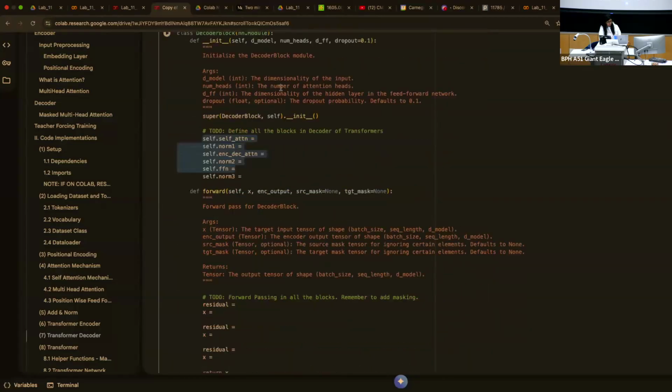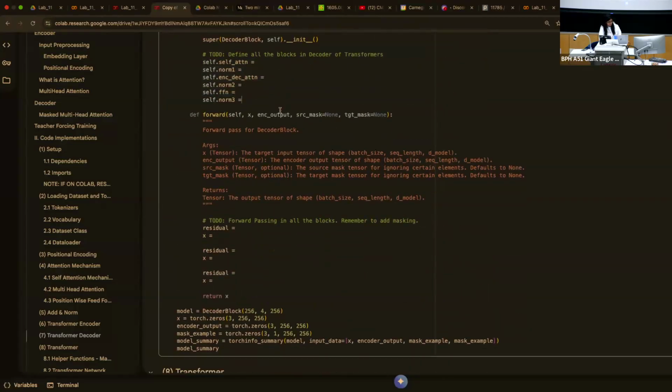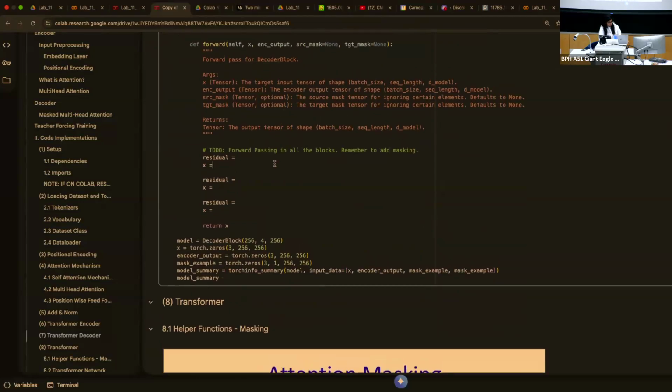I think it should be pretty simple. So because we are predicting in the decoder block, we have to add masking here. Okay, I'll just leave some code as hints in the notebook.